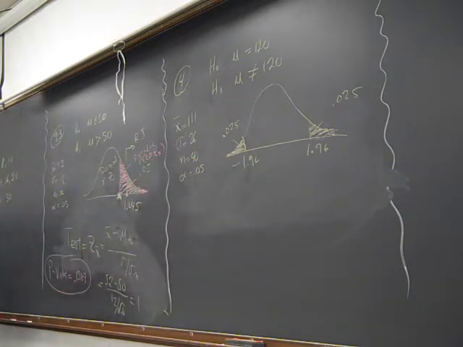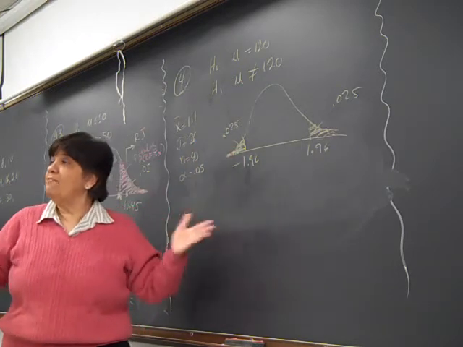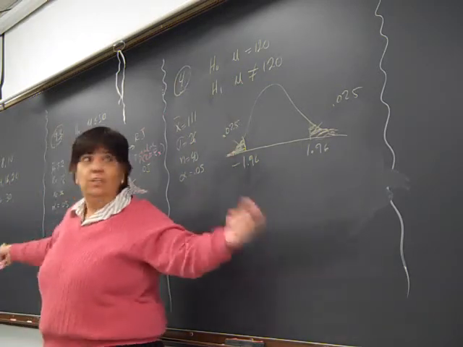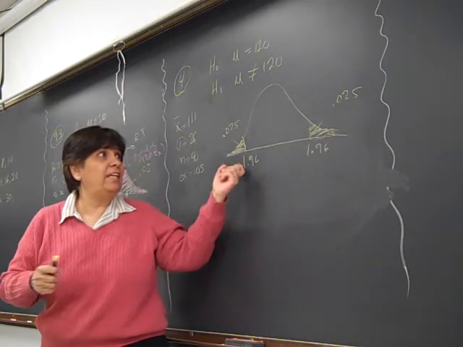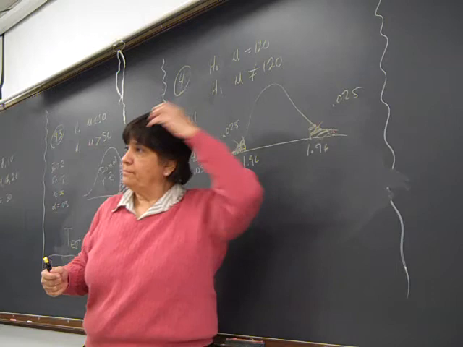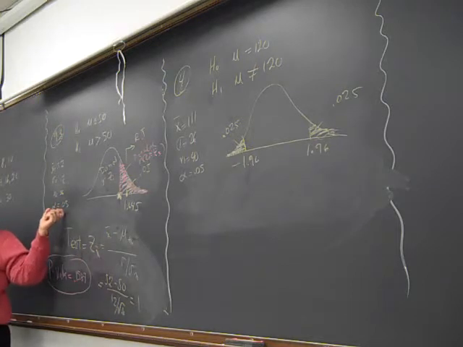How come you ended up with different critical values? Because in the two-tailed test, I have to divide my alpha in 2. So instead of having this equal to 0.05, this has to be equal to 0.025. So that is why using the same alpha, we have different critical values.